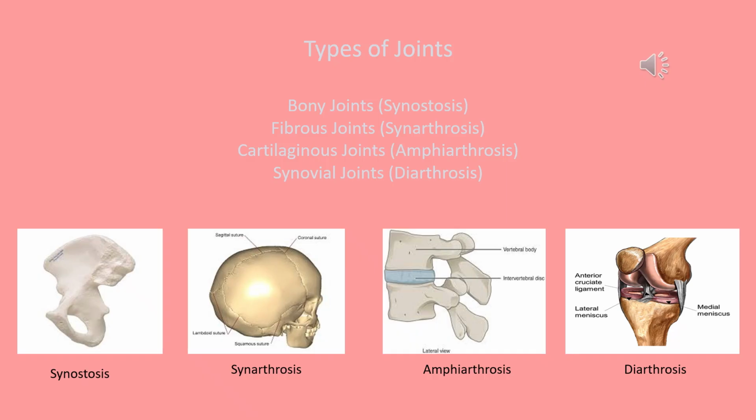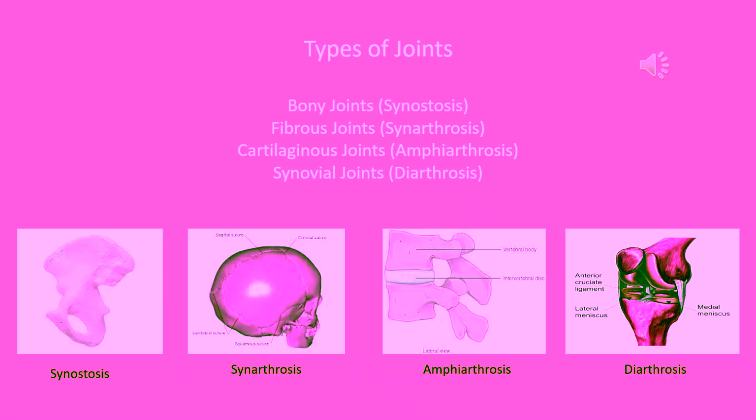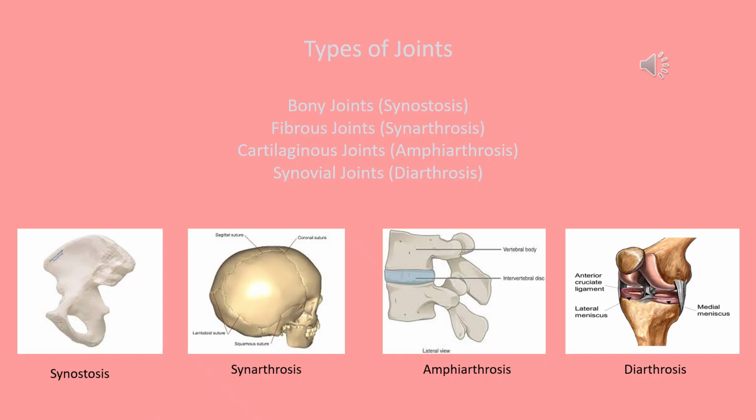When the connecting material is cartilage, then we have a cartilaginous joint or an amphiarthrosis. Examples of this would be if the cartilage is hyaline cartilage, then we have what is called a synchondrosis. Hyaline cartilage connects the ribs to the sternum, so that's an example of a synchondrosis.